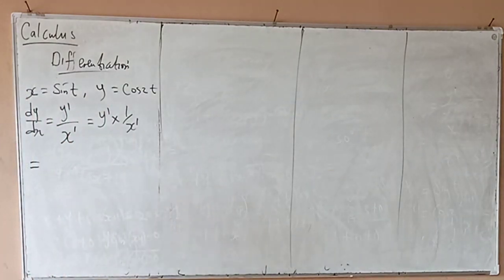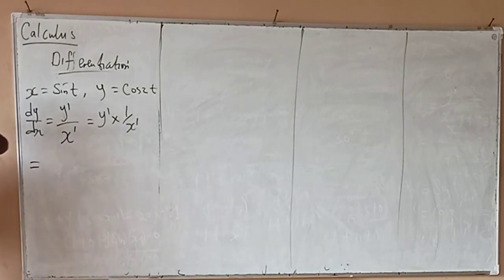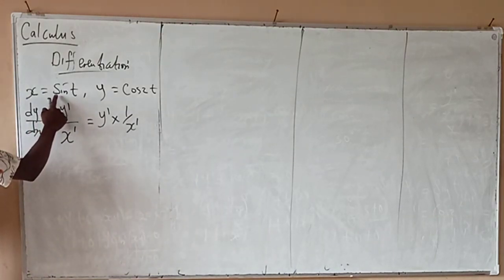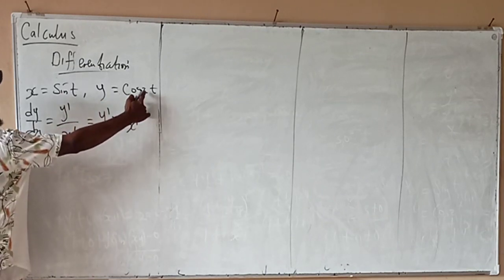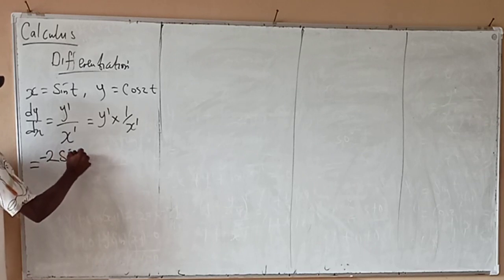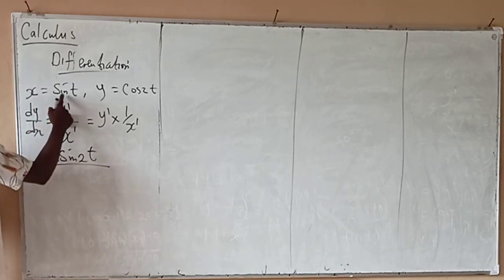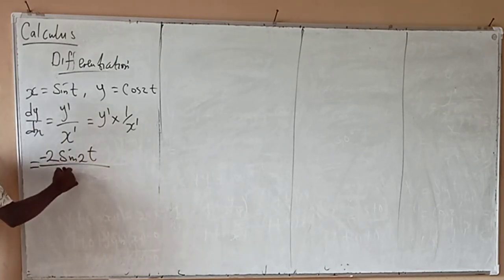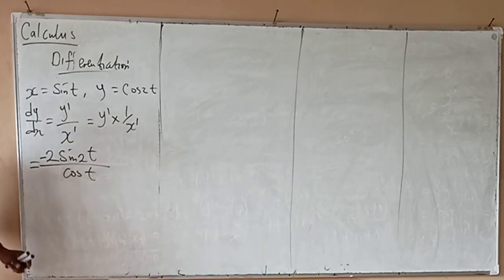Then differentiate y, that is, differentiate cos 2t. Differentiate 2t, we're going to have 2. Differentiate cos, we're going to have minus sine, repeat 2t back, over the differentiation of sine t, which is cos t. That's going to be the answer.